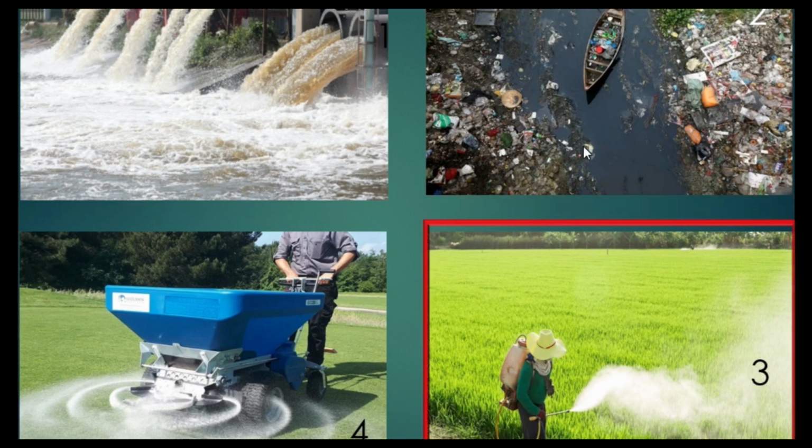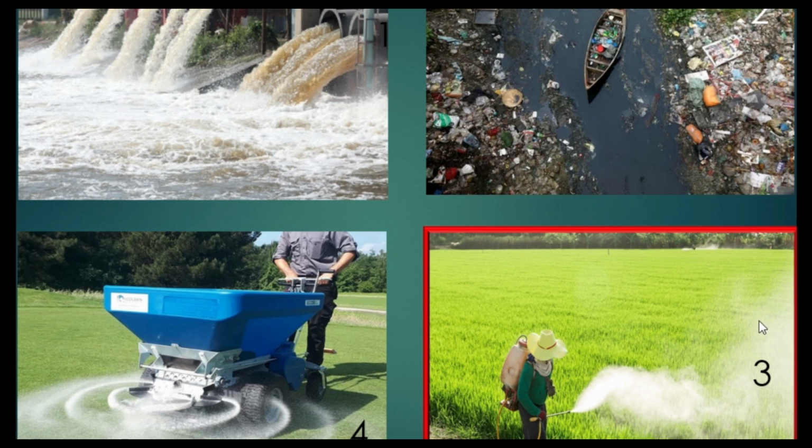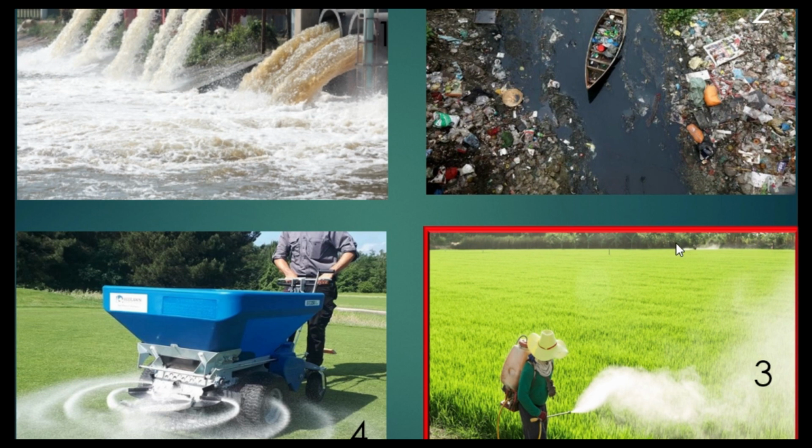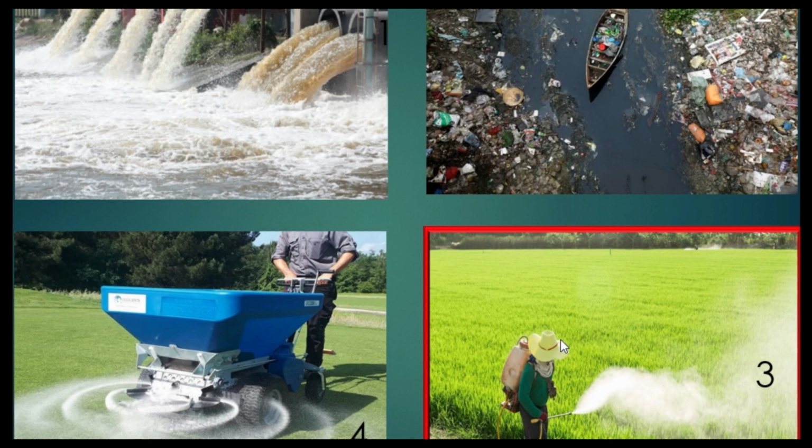Next picture. What do we see here? We see that a man is spreading chemicals, probably insecticides, gaseous insecticides, অর্থাৎ পোকামাকড় নিধনের ওষুধ দিচ্ছে। It is a paddy field and we see some trees in the background on the opposite side of the field, and an insecticide-spraying machine at the back of this man, and the man is wearing a hat.